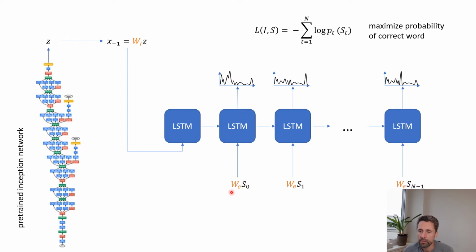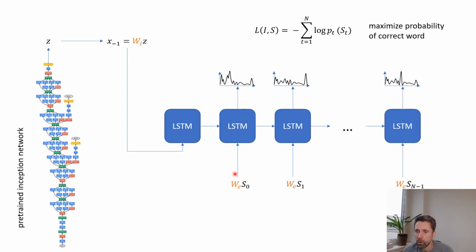And so we'll then feed tokens, so text tokens, words for example, into this LSTM as subsequent inputs. Again, we have embedding matrices, WE, and they project these one-hot encoded tokens into a vector space that matches the LSTM size.